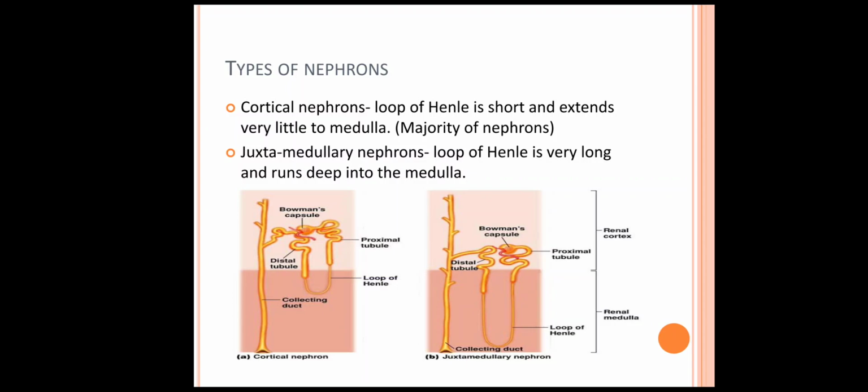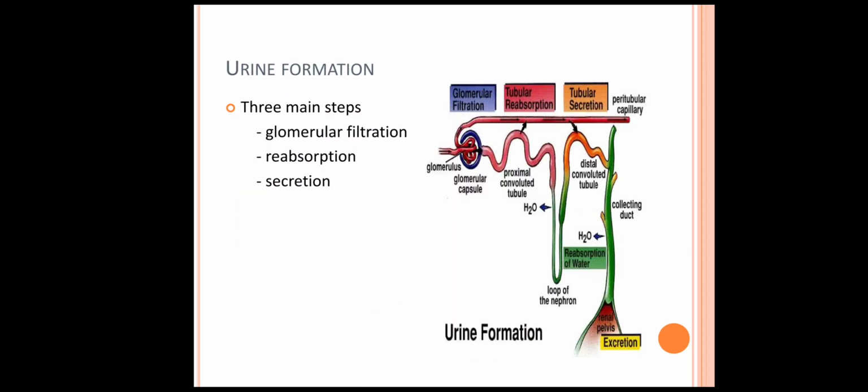You can see here in the cortical nephron this loop is short, and in the juxtamedullary nephron this loop is long. So in the cortical nephron the loop of Henle is short and extends very little into the medulla, while in the other the loop of Henle is very long and runs deep into the medulla.